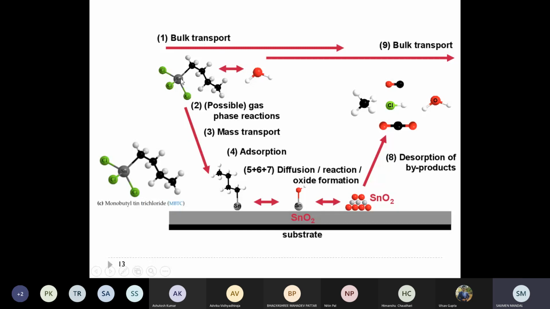This is tin, this is chlorine, trichloride so 3 chlorines are there, and the black color is carbon and the white color is hydrogen. So this is a butyl chain. Monobutyl, so this is 1, 2, 3, 4, that's why it is called monobutyl. One butyl chain is connected. And then this is H2O.